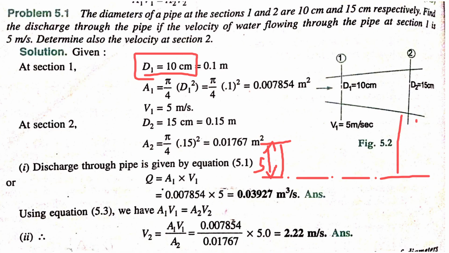Its diameter is 10 centimeter, but I'm taking an axisymmetric model. For that reason, I'll be considering this as my 5, and this should be 7.5. So this height should be 7.5, which is nothing but half of 15.